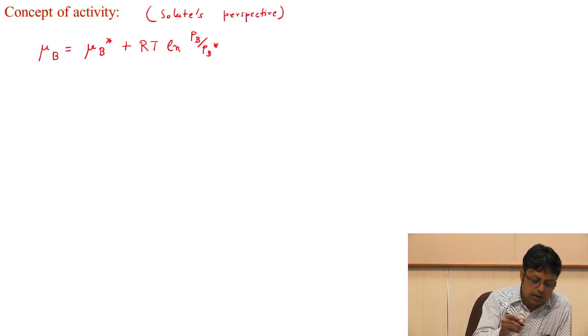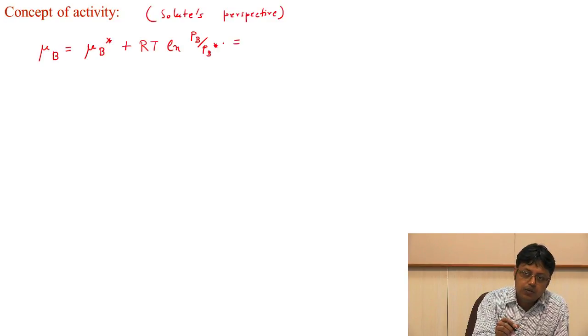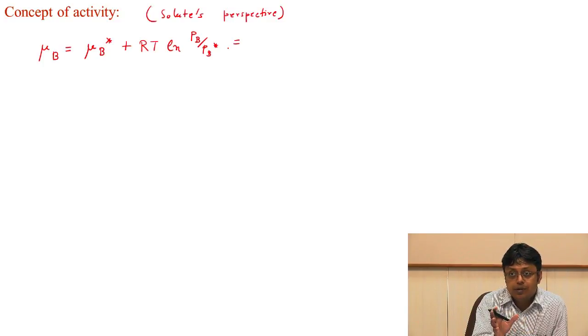Now you see here that this equation is not very correct. We already know that. The reason is the pure solute in a solution, you can think that whenever it is a dilute solution, of course for a concentrated solution it will vary a lot, but even for a dilute solution, from the solute's perspective, we see a huge departure.